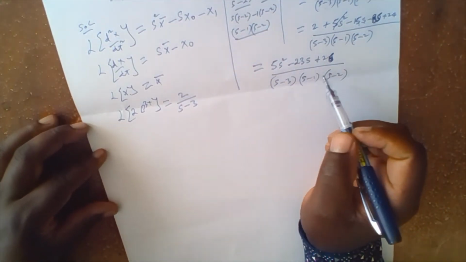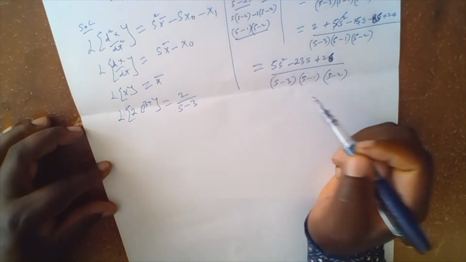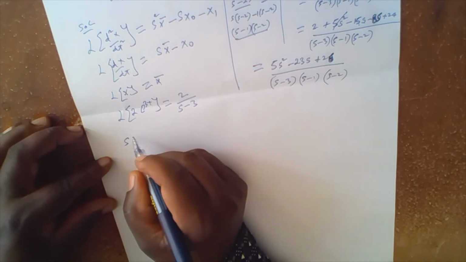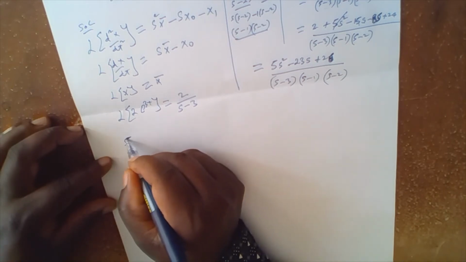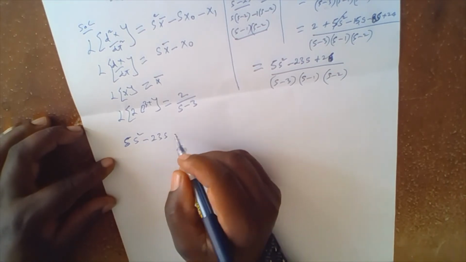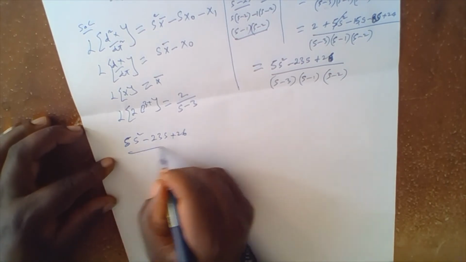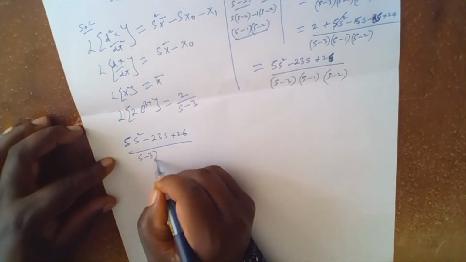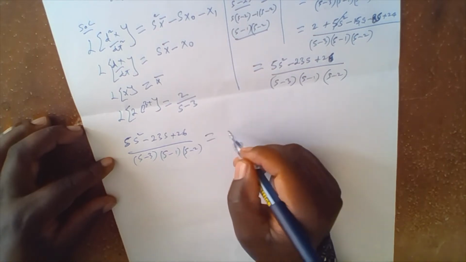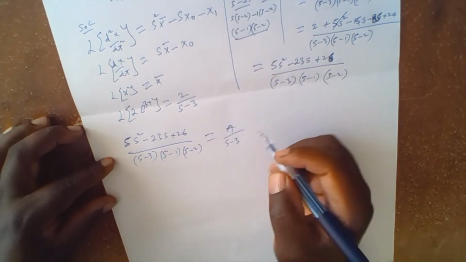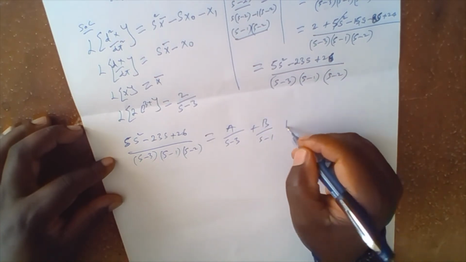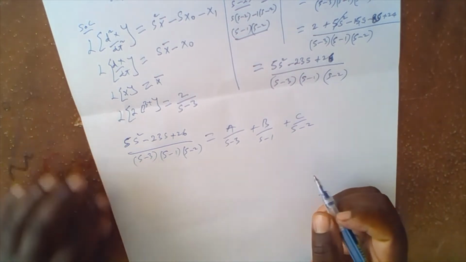So this equation, we now get the partial fraction for this equation. So we shall say (5s² − 23s + 26) / ((s − 3)(s − 1)(s − 2)) equals A over (s − 3) plus B over (s − 1) plus C over (s − 2).